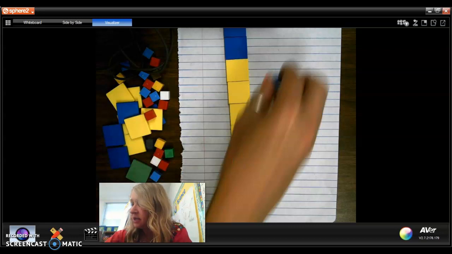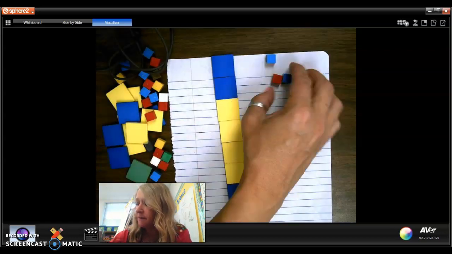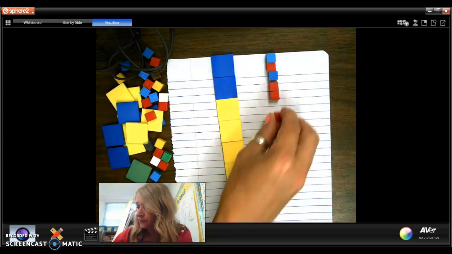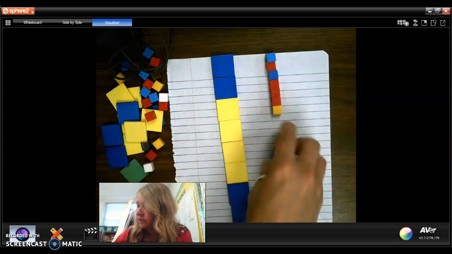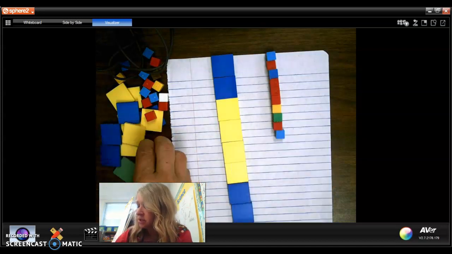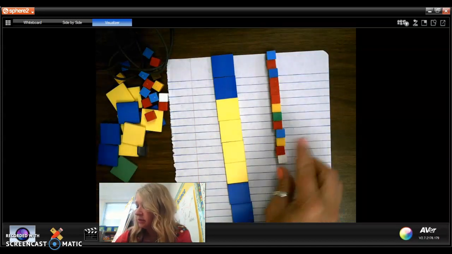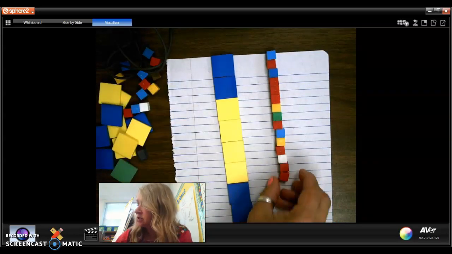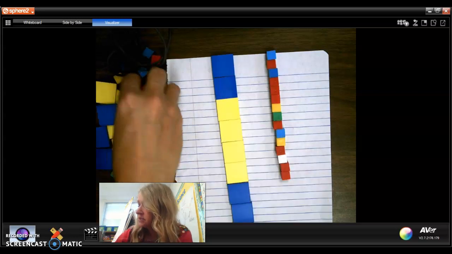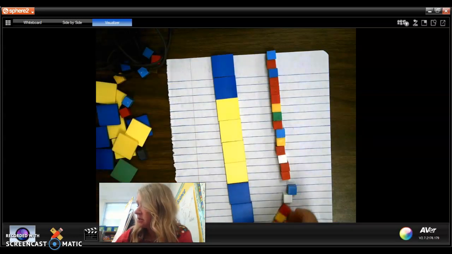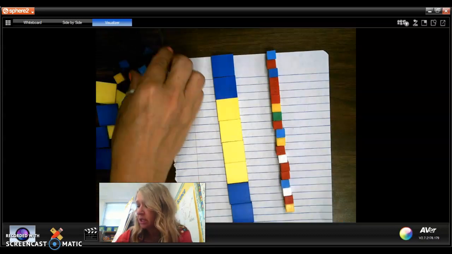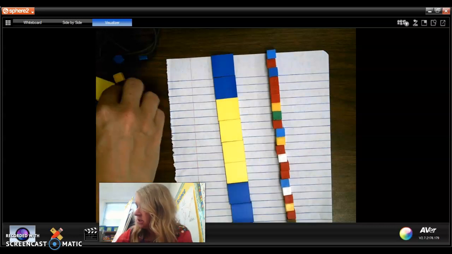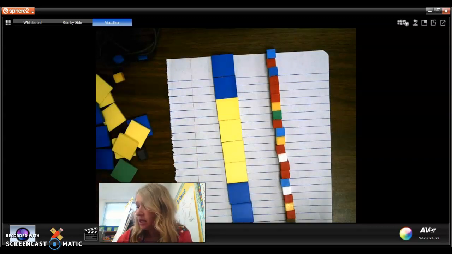Now I'm going to use my ones units, starting at the very top, end to end. Everyone touching in a straight line. No gaps, no what? Overlaps. Good. Keep them touching in a straight line, like a train. Okay.